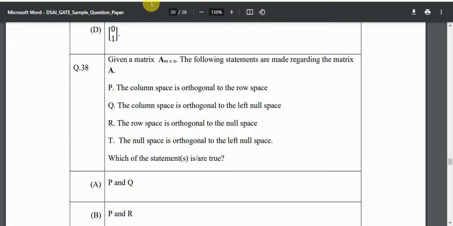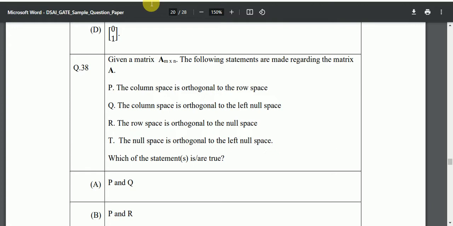So this question is purely based on one of the fundamental theorems of linear algebra. When you look into the chapter on orthogonality, you will find the relation between these four fundamental subspaces. How will I proceed? I will first tell you the correct answer.